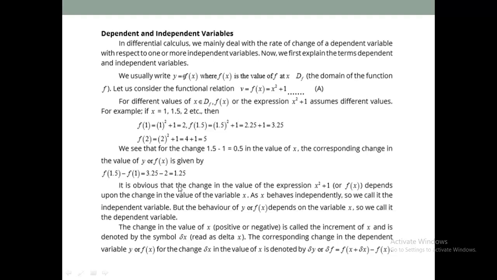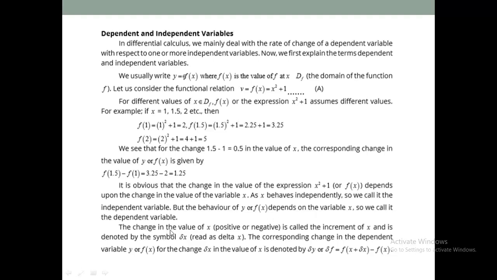It is obvious that the change in the value of the expression depends upon the change in the value of the variable x. When we put 1.5 and when we put 1, there is a change in x and also a change in the value of y. x behaves independently, so we call it the independent variable, but the behavior of y depends on variable x, so we call it the dependent variable.